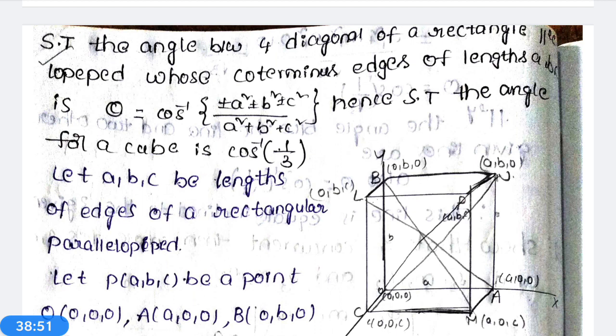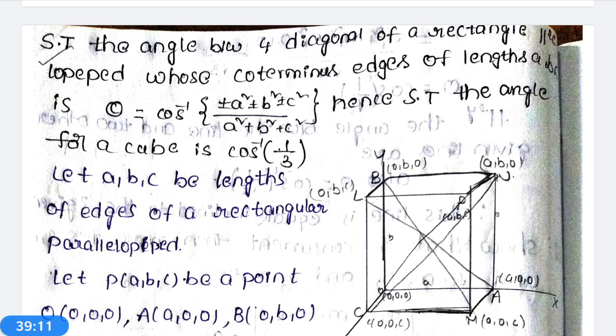So now we want to find the angle between the four diagonals. What are the edges of the rectangular parallelepiped? a, b, c. Let us assume our trunk box in our houses. It is a rectangular parallelepiped.